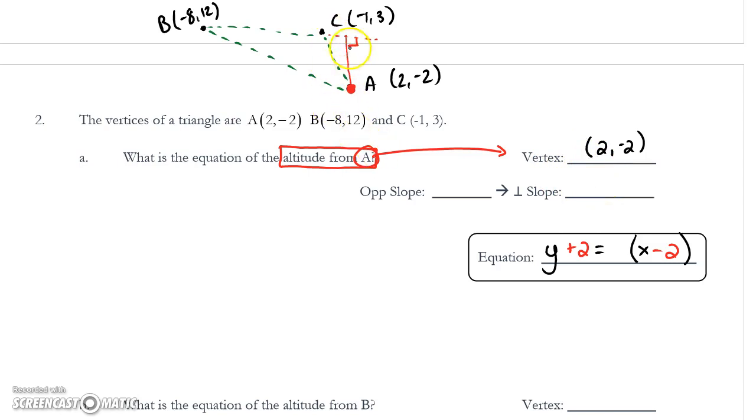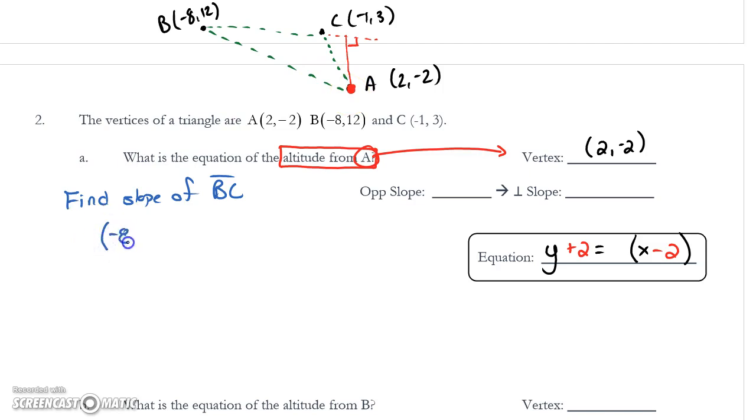So, my slope. I don't know the slope of this segment, but that's what I need. What I do know is I can find the slope of this third side, segment BC. So I'm going to find the slope of segment BC. That's the side opposite my vertex.